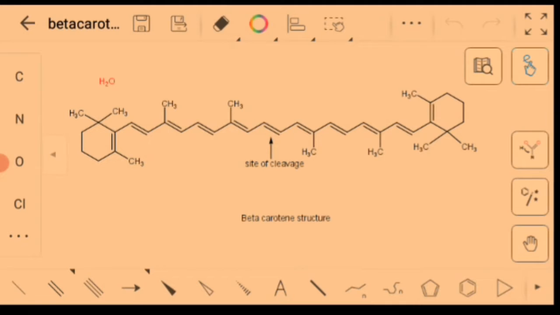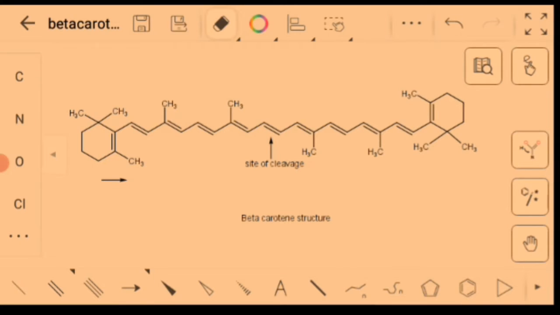The only problem is this app does not have a function for drawing circles, so I'll just show you quickly. This benzene-like structure here, this structure that looks like benzene, this very one here, it is our beta ionic ring.